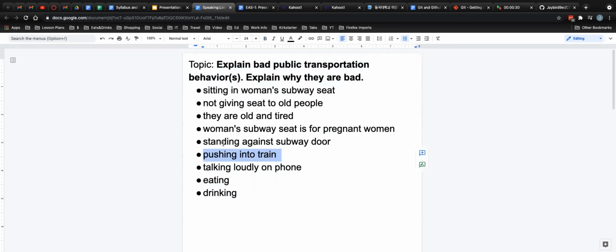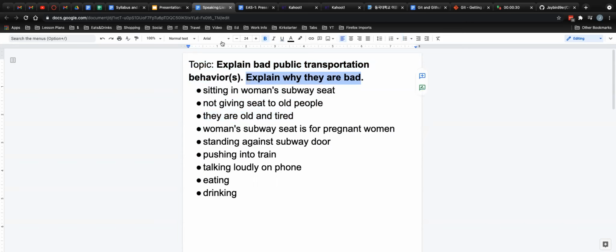So here's an idea: pushing into a train is bad, eating is bad, drinking is bad. Here's another example: not giving seats to old people. And if we want to say why that's bad, we could say this: they're old and tired, right? So here's a reason. Our ideas can be a lot of different things.